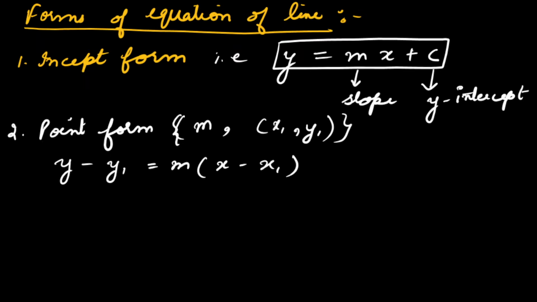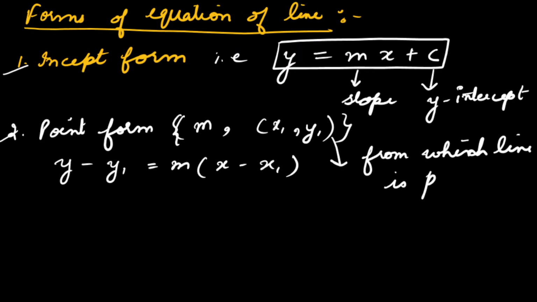We use these forms to find the equation of the given line. Here also small m is the slope and x1, y1 are the coordinates from which the given line is passing.